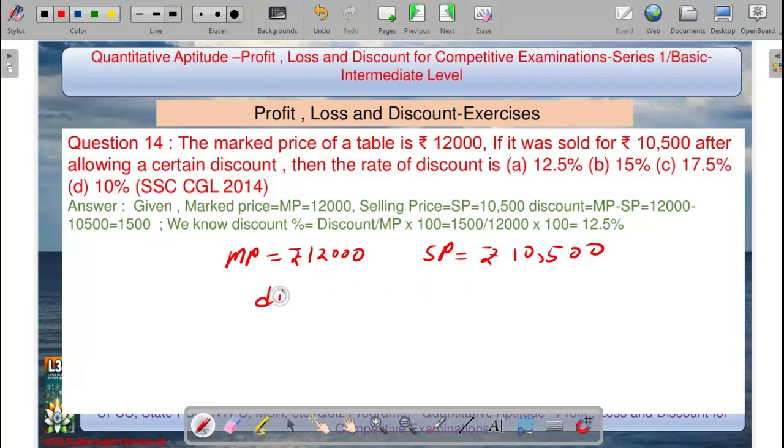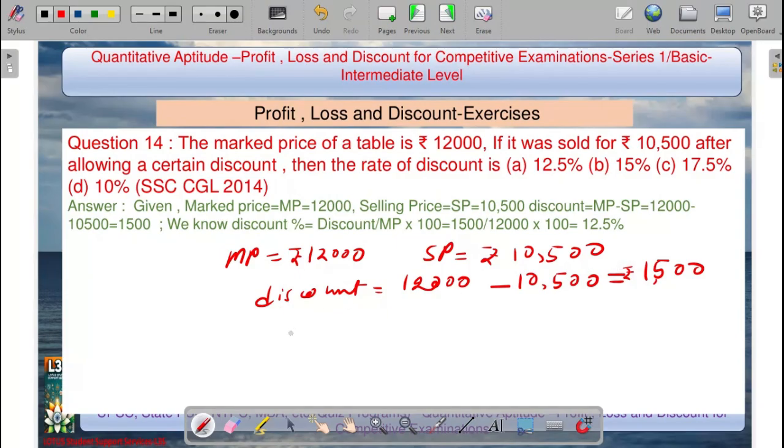So discount is 12,000 minus 10,500, which is equal to rupees 1,500.